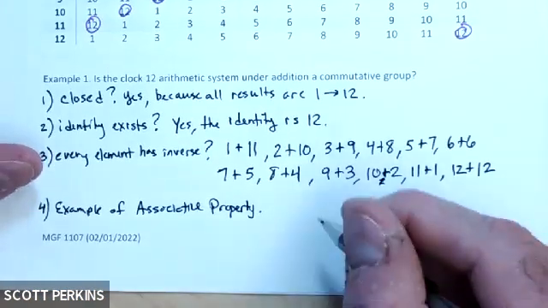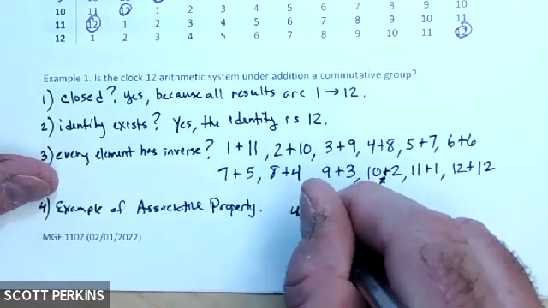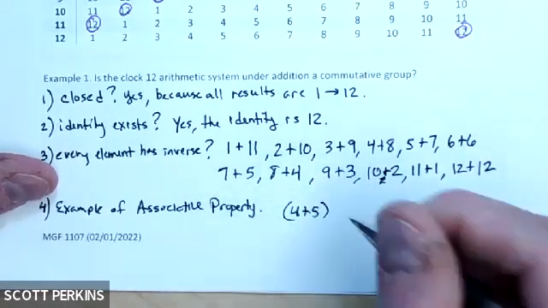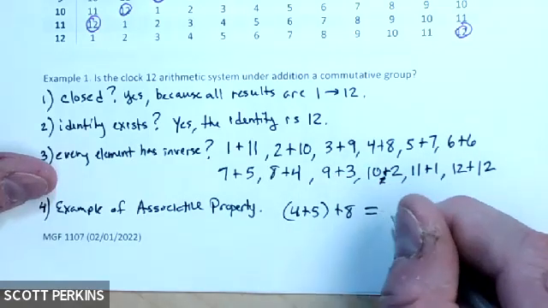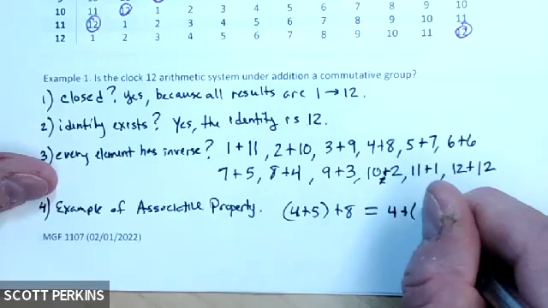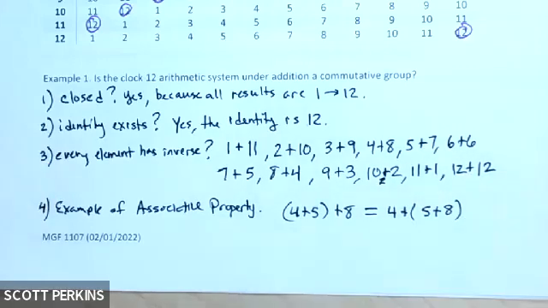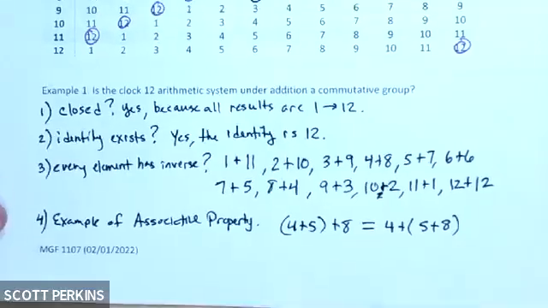So the associative property, remember, says if I have 4 plus 5 in parentheses, and then let's say plus 8, then that should be equal to 4 plus, in parentheses, 5 plus 8. Okay, well, let's see if this is indeed true. I'm just going to use my table to determine.